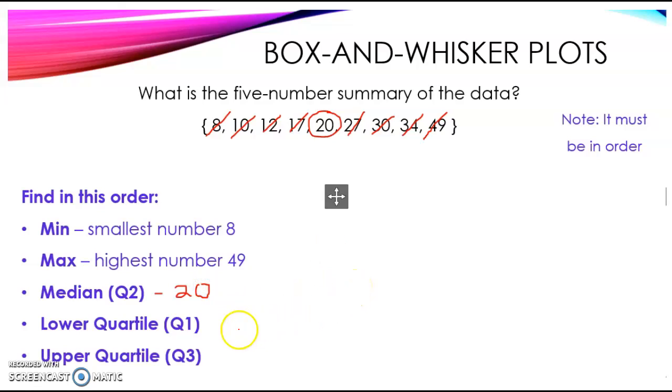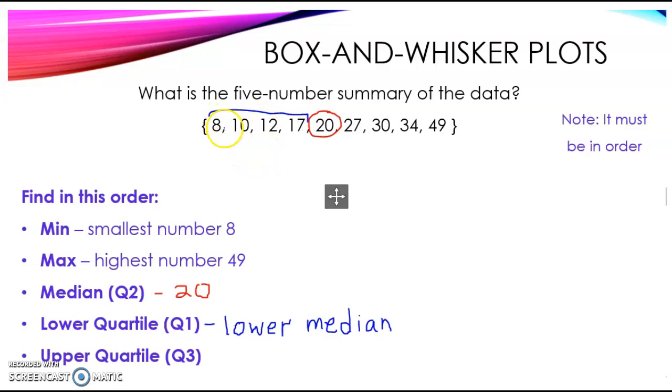And then the next 2 values that we're going to calculate are actually related to the numbers that are to the left of the median and the numbers that are to the right of it. So your lower quartile is what I like to call your lower median. So excluding your actual median, which was 20, we're going to find the median of the lower numbers on the left-hand side here.